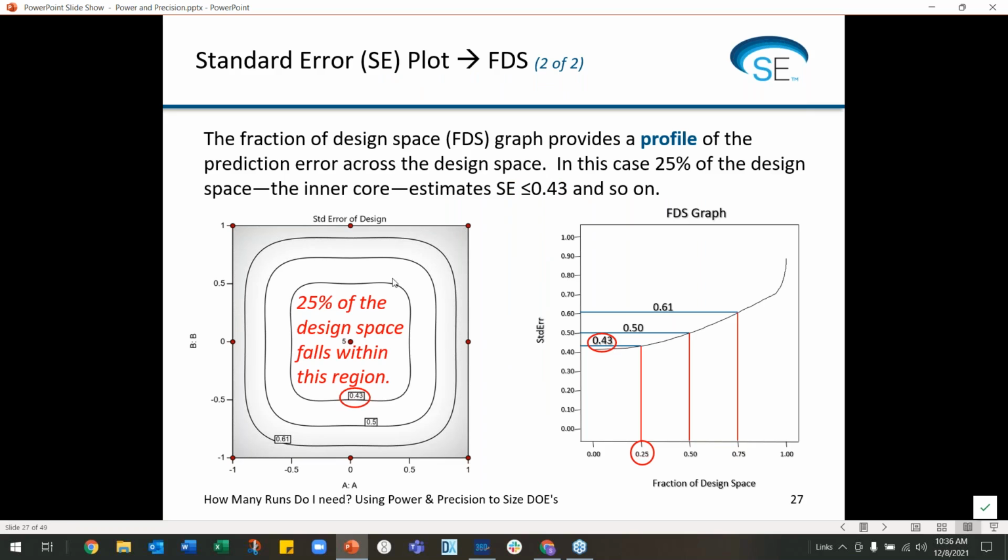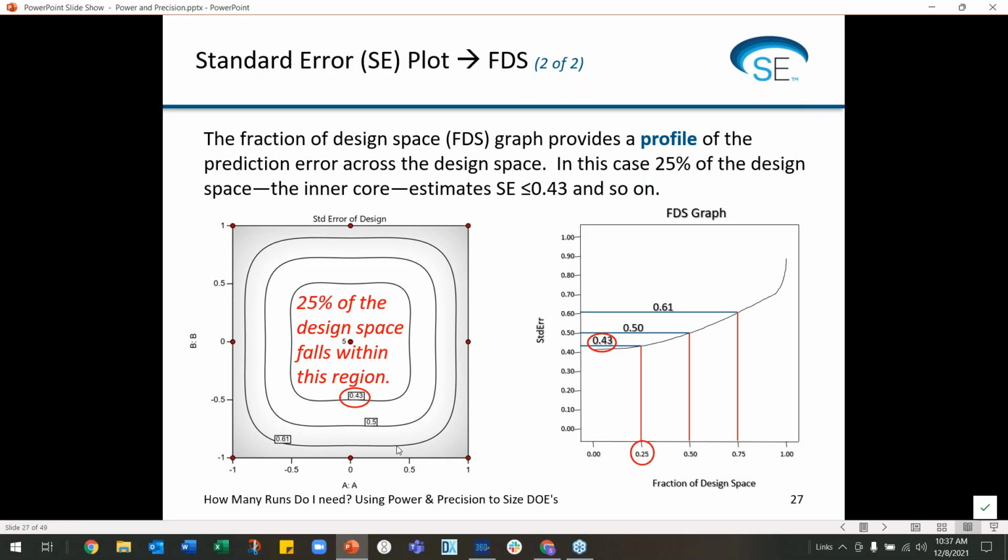Okay, so here's your standard error graph. This changed a little bit to 0.43, but this is the related FDS graph, where this 0.43 includes about 25% of the design space. So this center squarish shape represents 25% of the design space. If we go out to 0.5, that contains about 50%.